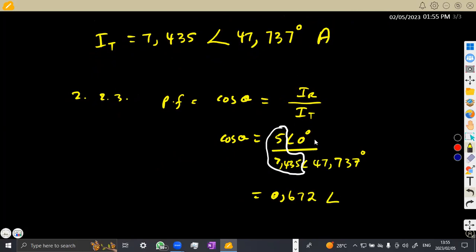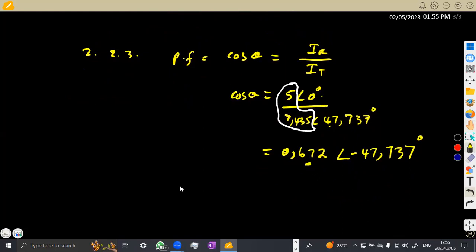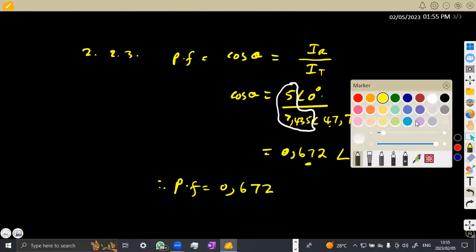And you subtract the angle, so it's 0 minus 47, which is minus 47,737 degrees. So therefore, the power factor, you just write the constant with the answer, the resultant here. Our power factor is going to be equivalent to 0,672. So that's our power factor there.